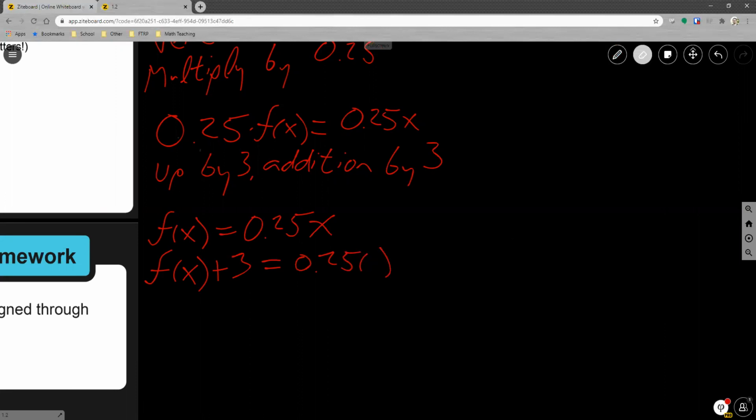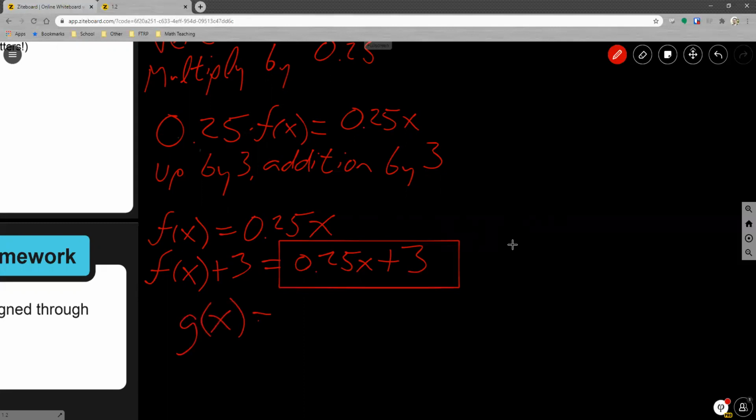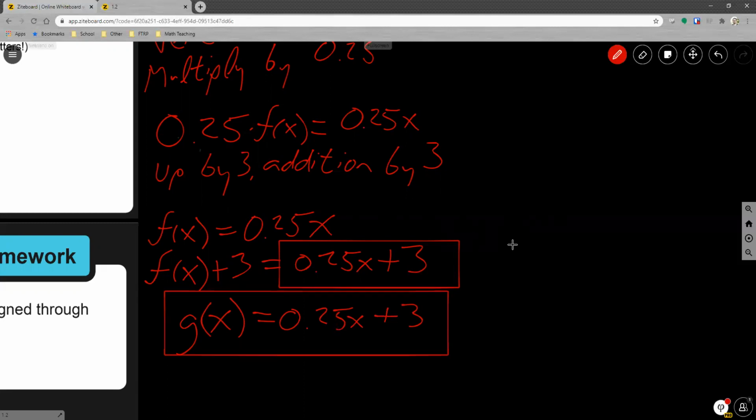So I get 0.25x, and I'm adding 3 to that. This becomes my completed function, 0.25x plus 3. Now I'm going to rename it to the name that they wanted me to use. G of x is equal to 0.25x plus 3. And we're done.